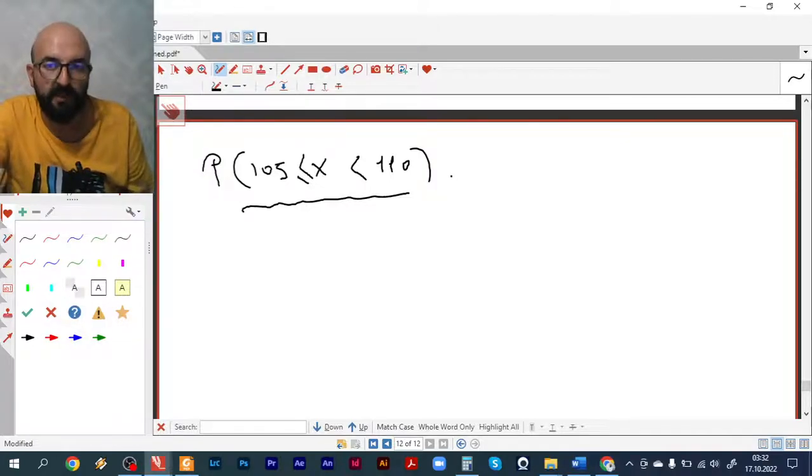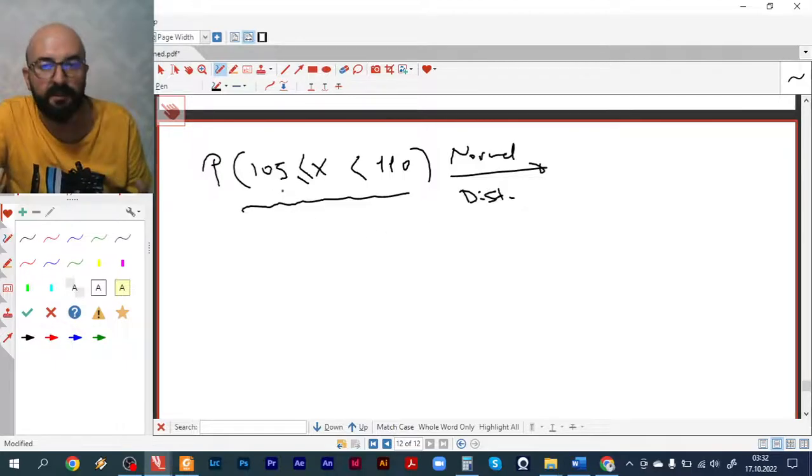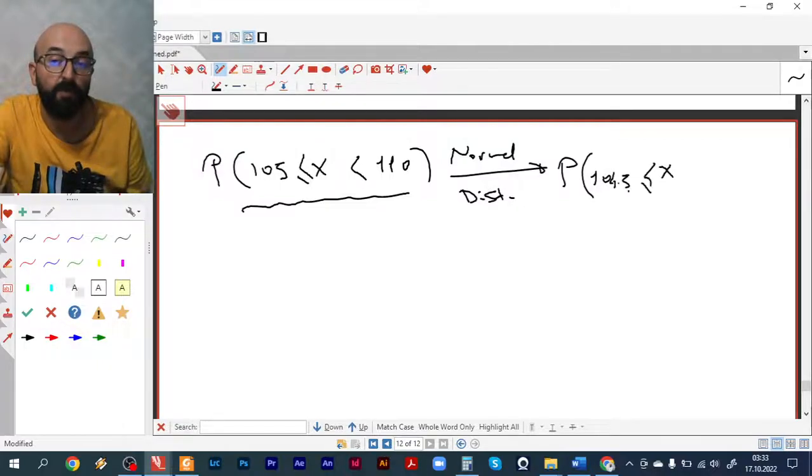But while approximating with the normal distribution, you should use the boundaries of the rectangle. So you want to include 105, so you should use greater than or equal to 104.5, because 104.5 includes 105.